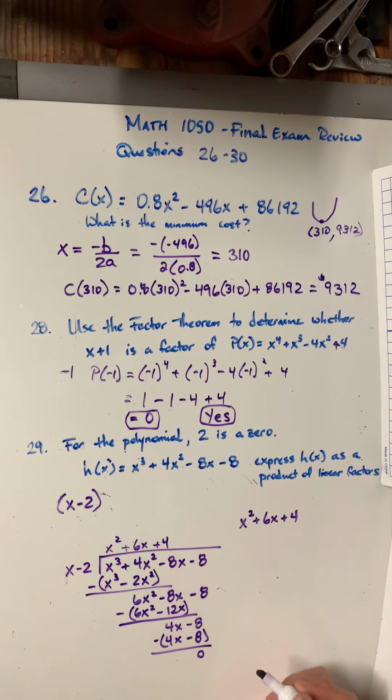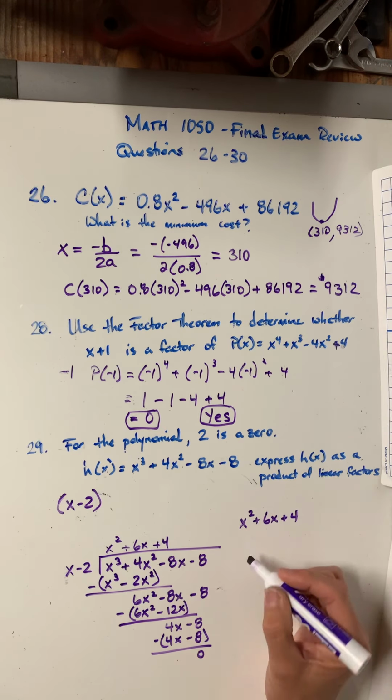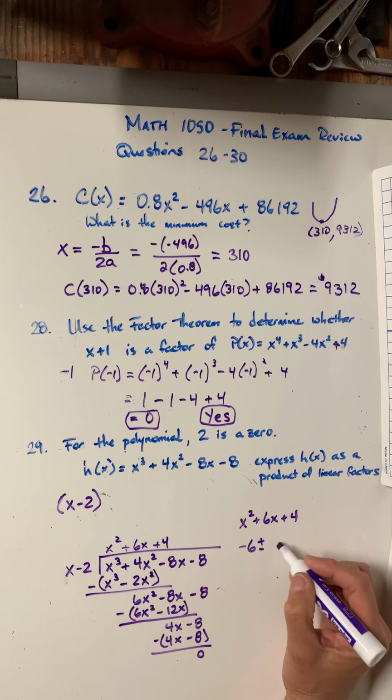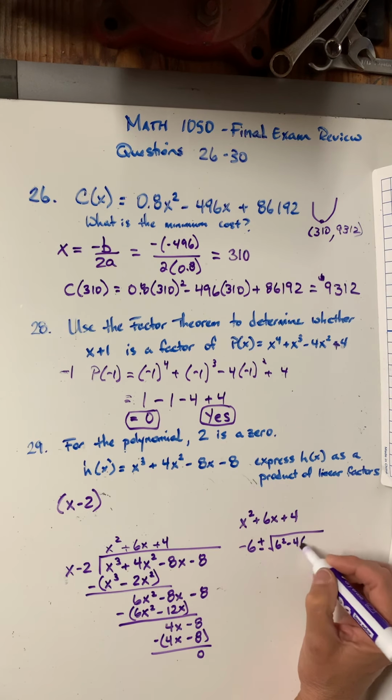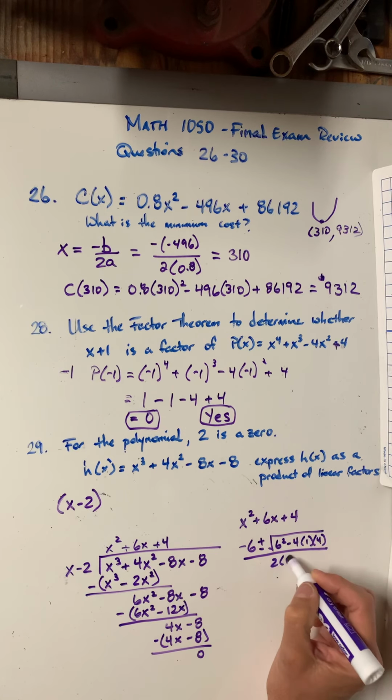It actually doesn't factor nicely, of course. So we're going to use the quadratic formula. a is 1, b is 6, c is 4. So I get -b plus or minus the square root of b squared minus 4 times a times c, all over 2a.